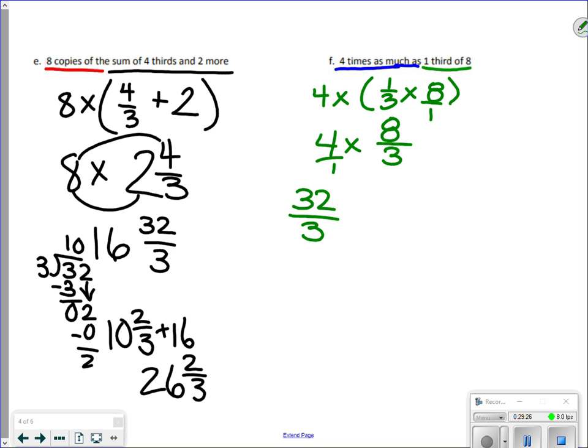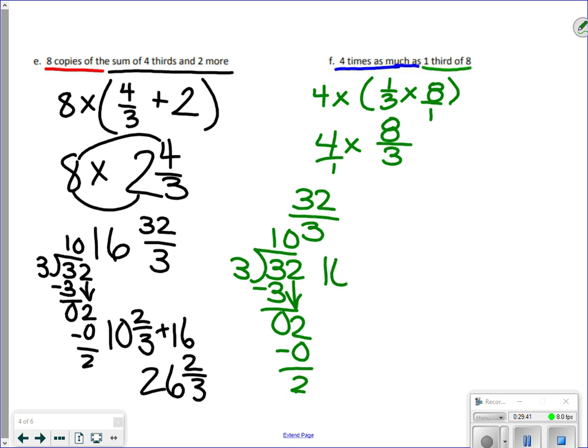So 32/3. I know what it is, but I was just showing my work. 10 2/3.